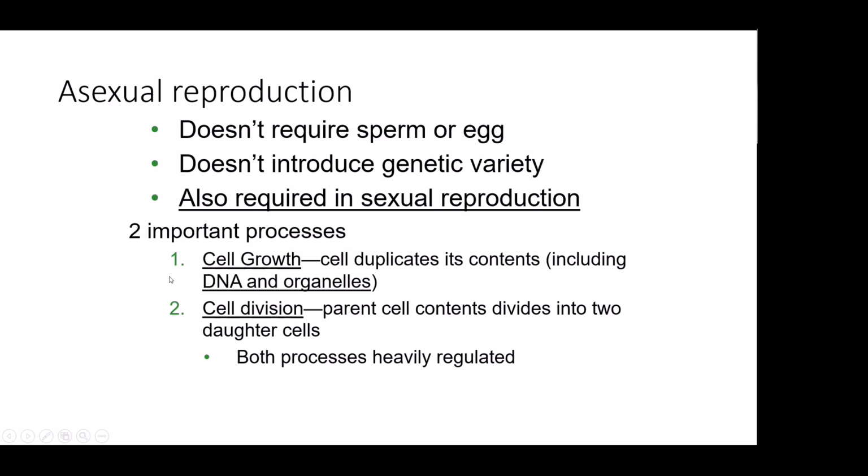So the two main processes in the cell cycle or in asexual reproduction are, first, cell growth, where the cell grows, and part of that is duplication of its contents. The duplication of DNA, which, as I said, we'll talk about in the next couple of weeks after we do some stuff with our good friend Mendel and those sorts of genetic questions.